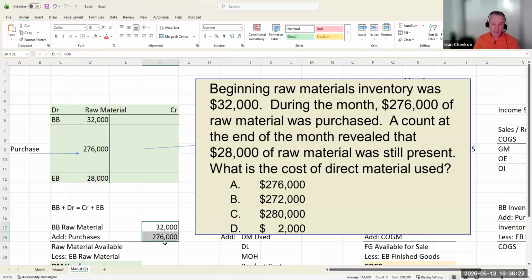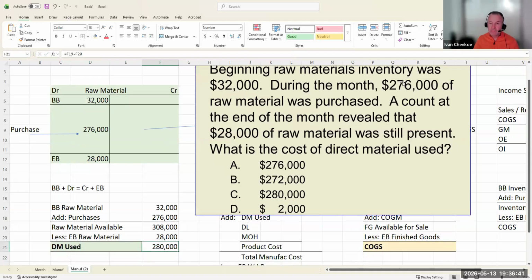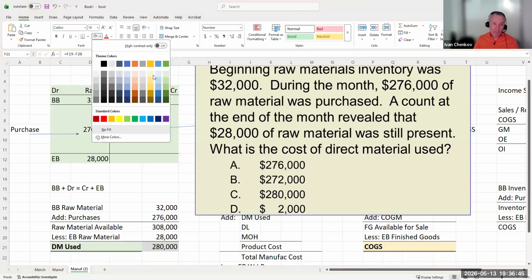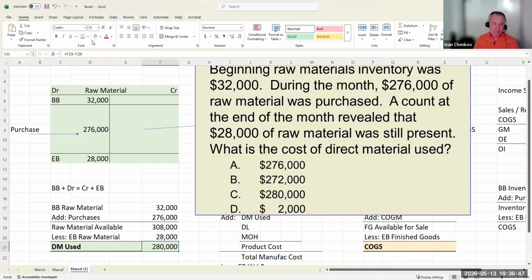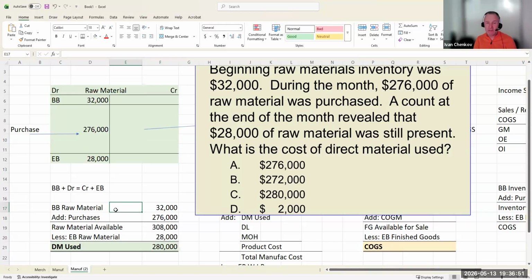Well, once we get those two together, I can see how much available we have. 308. At the end, I count, I found 28. How many did I use? It will be this one minus that one. Correct? Do we have it as an answer?